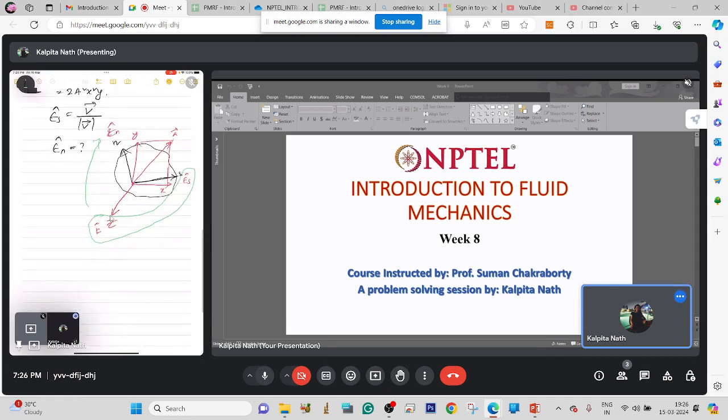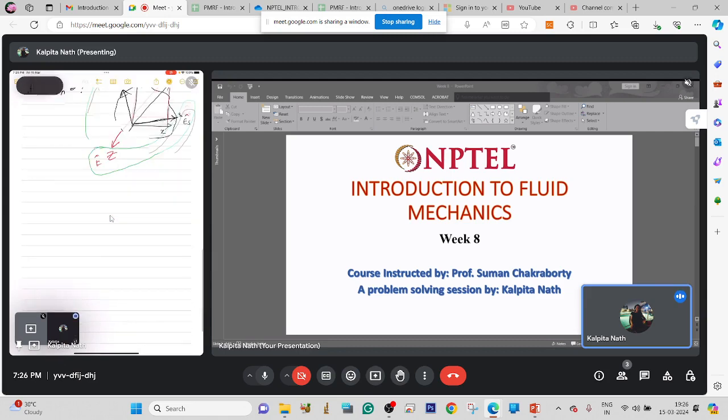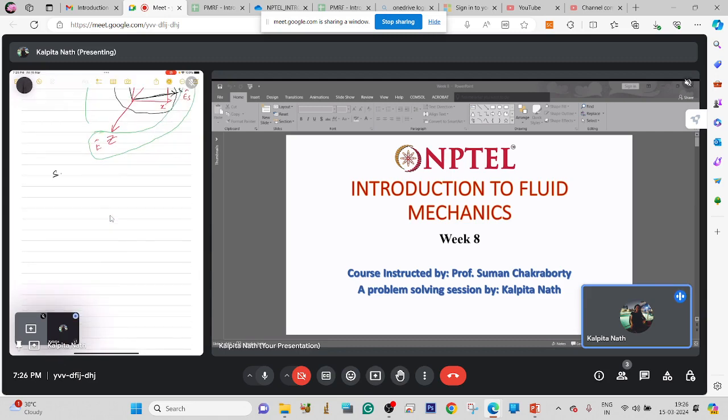So with that context, let's do it. Let's suppose s is equal to x and n is equal to y. Now if we do the cross product, k cap cross epsilon s is equal to epsilon n.